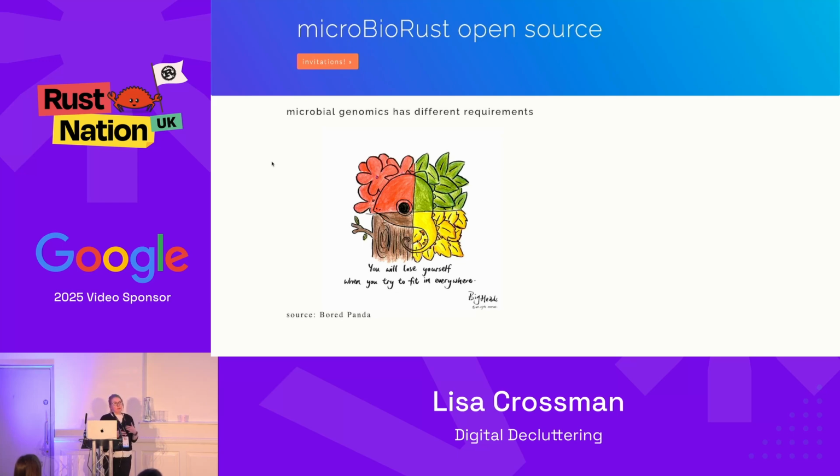That's because we have a lot of very small files, whereas they're working on one very big and complicated file. And we're also trying to step across the divide from bioinformatics and Rust developers further into biologists as well. So I felt that we could probably use a MicroBioRust.